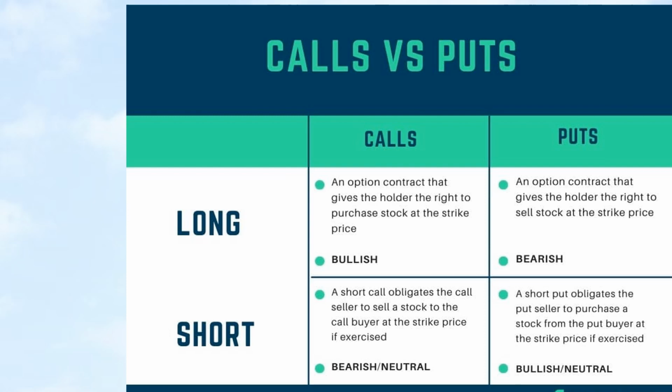Long call means the option contract gives the right to purchase the stock at the strike price. That is the long call. Short call means it gives the right to sell the stock to the buyer if the strike price is exceeded.